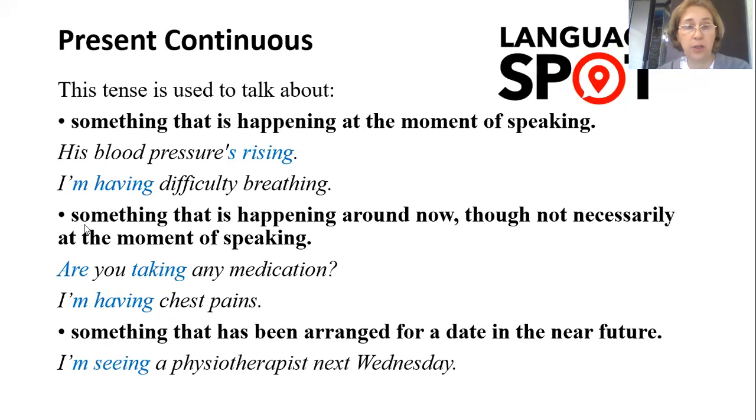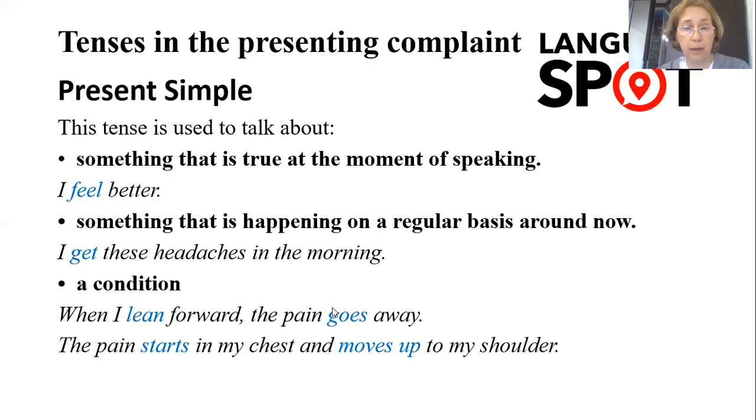As for the present continuous, by the way, when we speak about the third person singular, we should add s. Pain goes, or pain starts and moves. We add s at the end of the verb. You remember this.